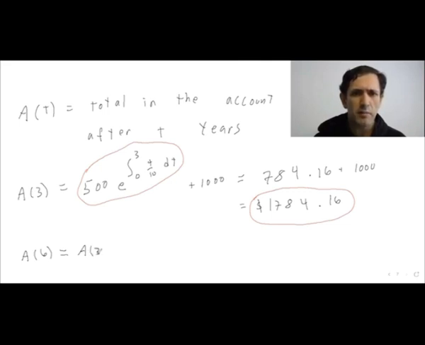A of 6 is going to be A of 3 times e to the integral from 3 to 6 of delta of t dt. And again, that's just t over 10.